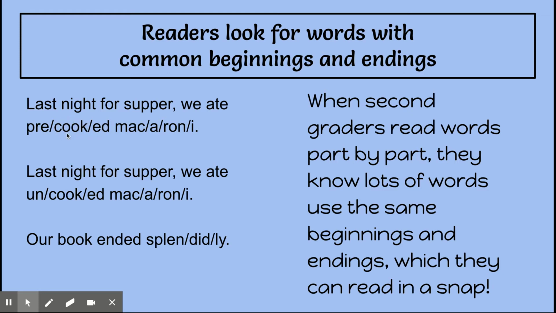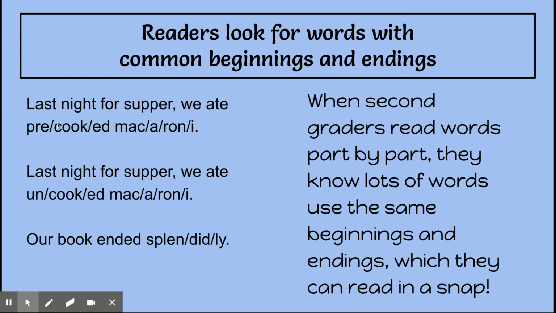And then we know our base word here, cook. I tried to chop these parts of the words so that we can practice sounding them. So last night for supper, we ate... if I look quickly with my eyes, I know how to read this in a snap: pre. I know how to read cook, and I know how to read cooked. I can put it together quickly: precooked macaroni.